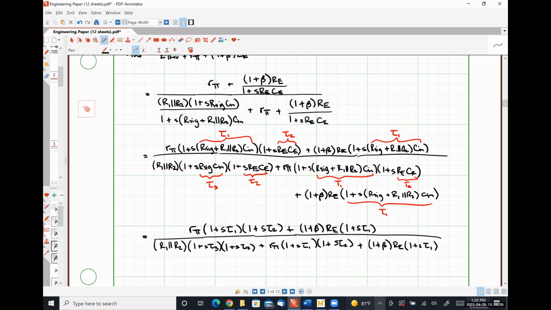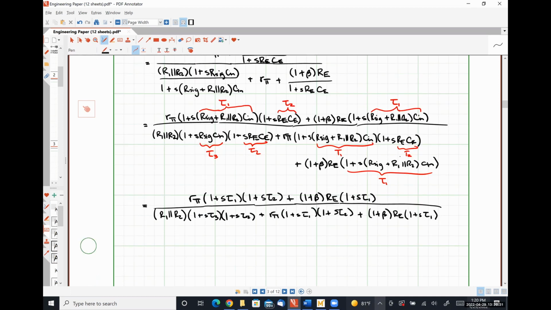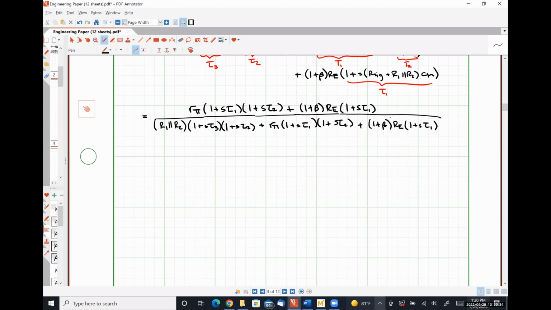So what I found for my numerator, let me give you one more step here, so this will make more sense.